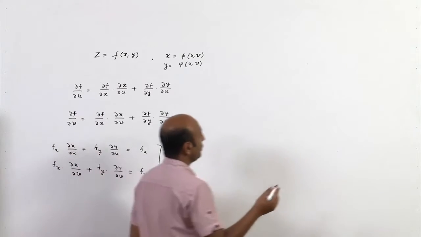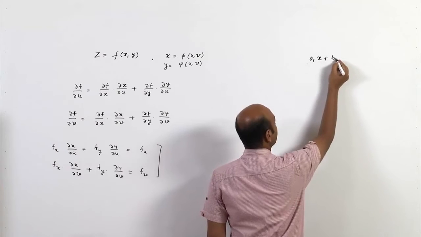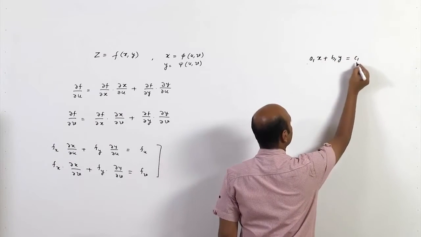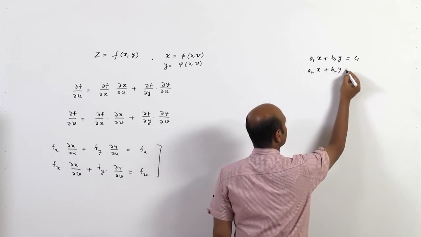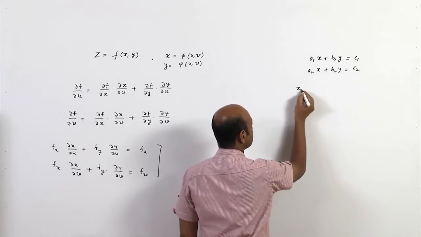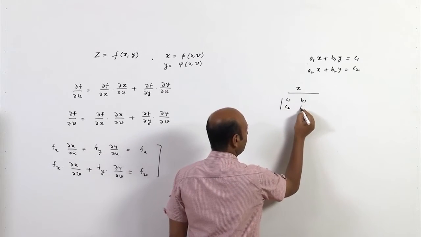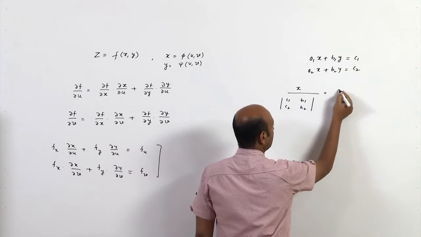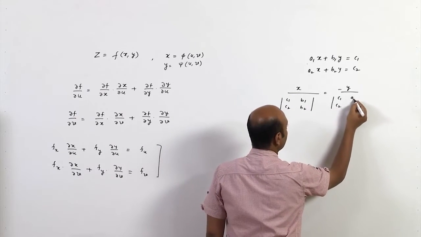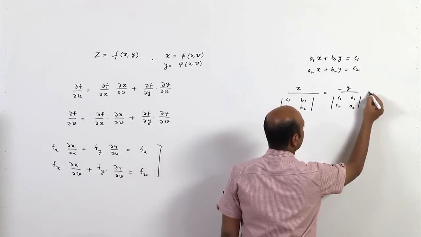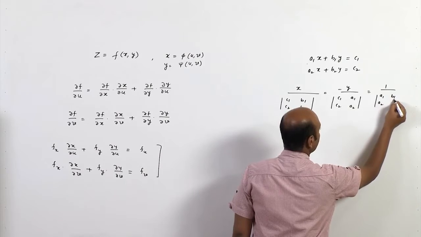How can we compute this? We already know Cramer's rule: if a1 x plus b1 y is equal to c1 and a2 x plus b2 y is equal to c2, then x upon determinant of c1 c2 b1 b2 is equal to minus y upon determinant of c1 c2 a1 a2, is equal to 1 upon determinant of a1 a2 b1 b2.